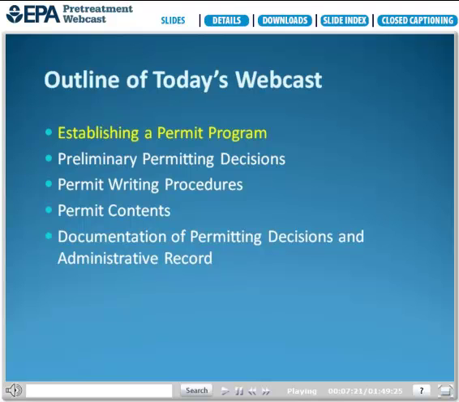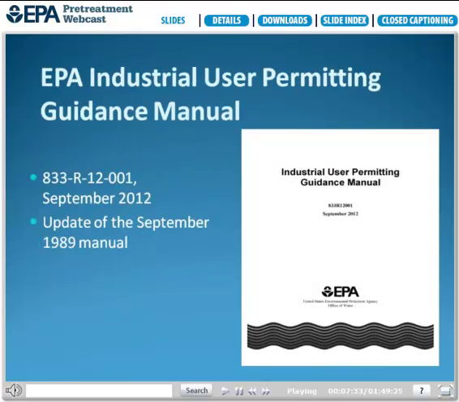To assist you in developing your permitting program and writing permits to industrial users, EPA issued a guidance manual in 1989. It was updated in the year 2012. This manual focuses on the steps required in order for the control authority to comply with the federal pretreatment program. Please contact your state and others in your municipal government for information on additional state and local requirements that might be applicable.